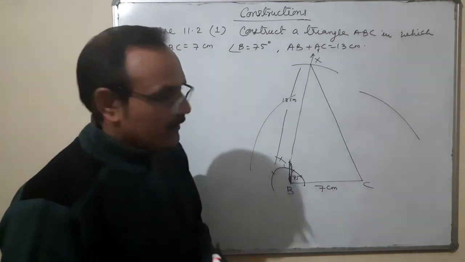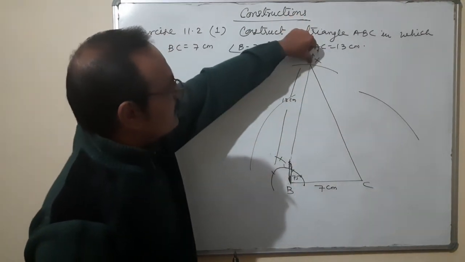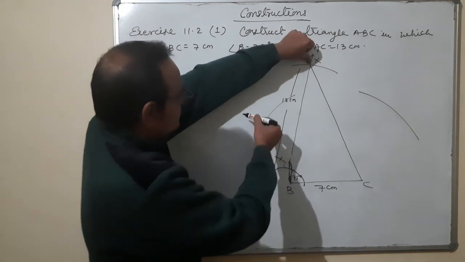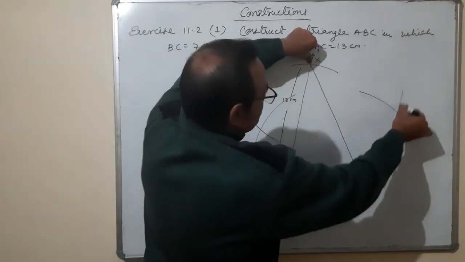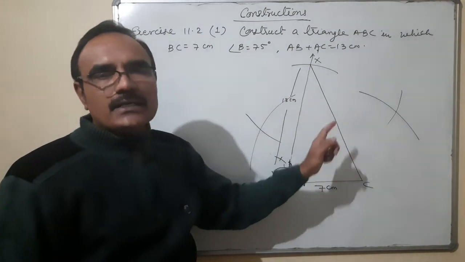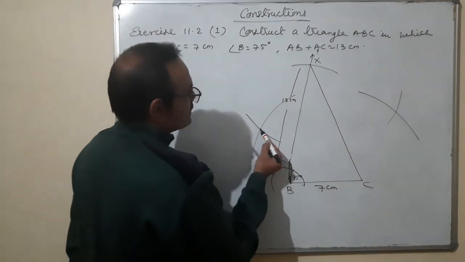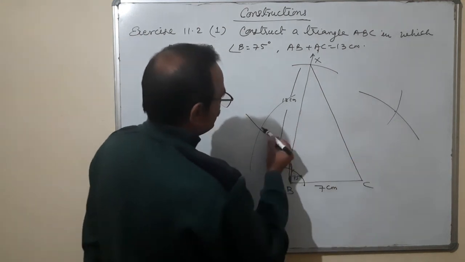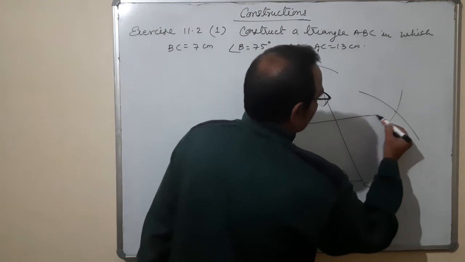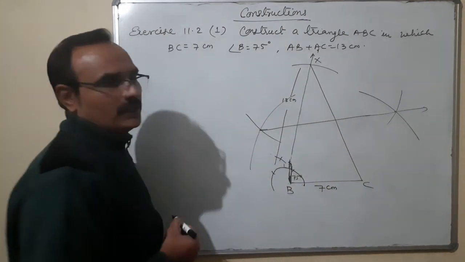After that, having the same radius, placing the needle at X, cut these two previous arcs. The points where both the arcs are intersecting, one point is this, second point is this. You will join them with the help of a ruler.